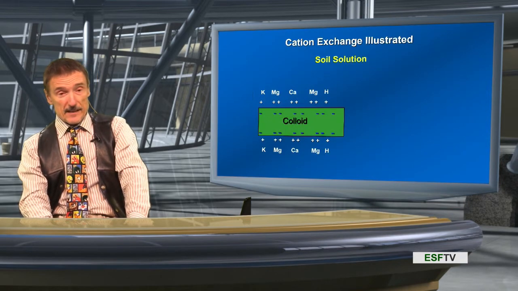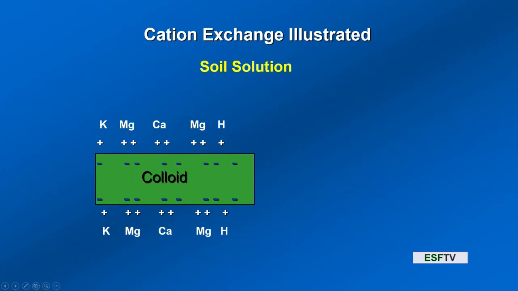Let's illustrate that. We can illustrate that with a colloid drawn here by this rectangle. And you see this has negative charges expressed at the surface. And that's balanced with positively charged cations. So this negatively charged surface attracts, or adsorbs, AD, these positively charged cations, so they're associated. And it's a unit charge. So charge per charge, cations are attracted to the negative charges on this colloid.